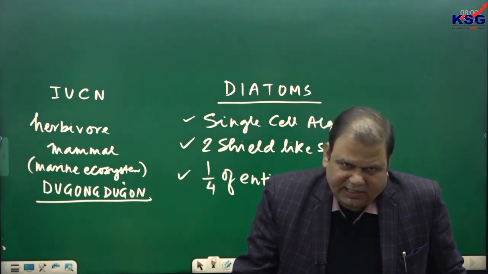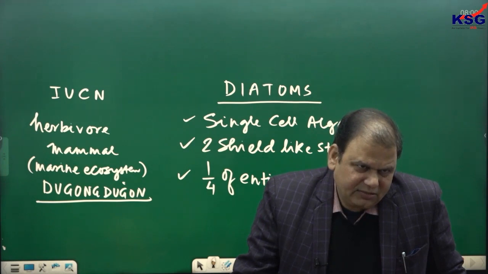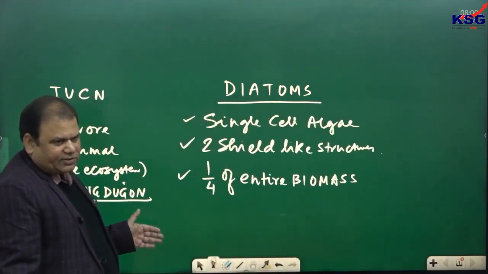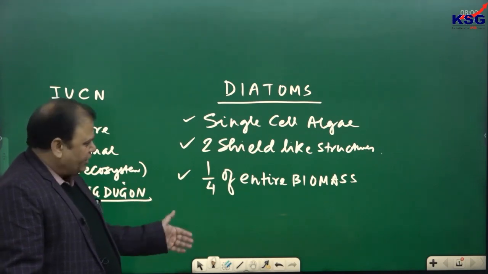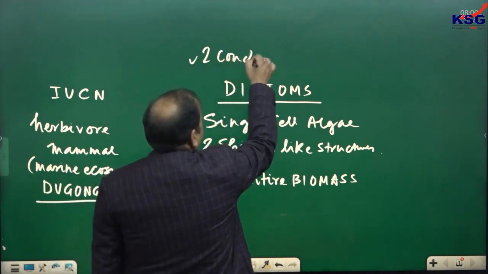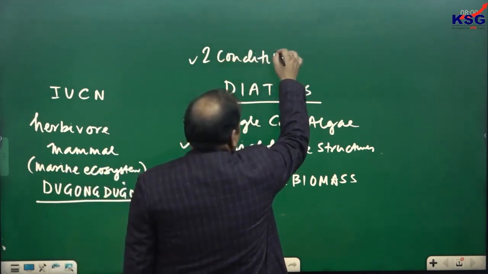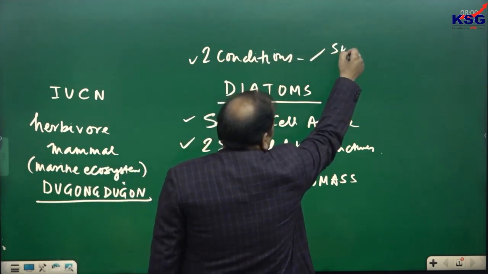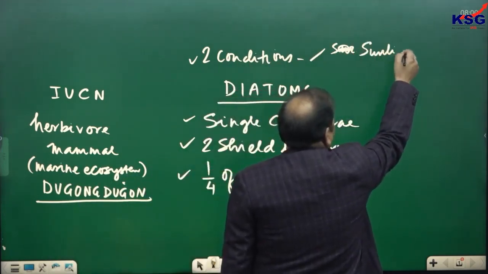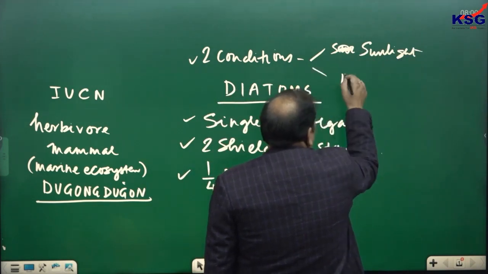And we can see that as far as diatoms is concerned, there are two conditions required for their survival: sunlight and moisture.